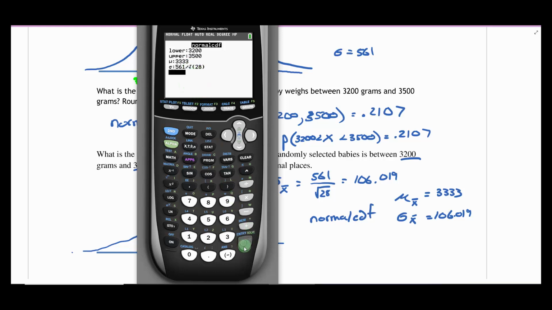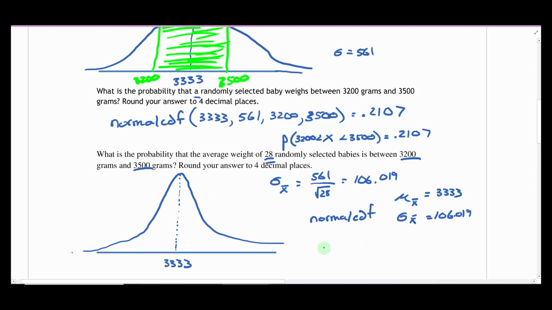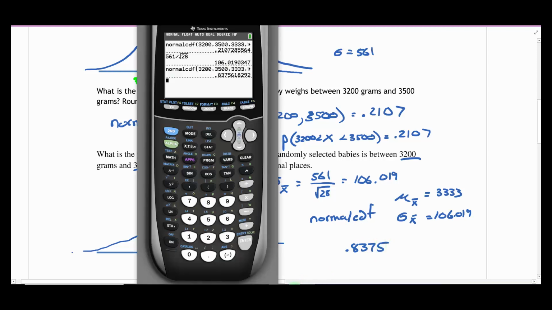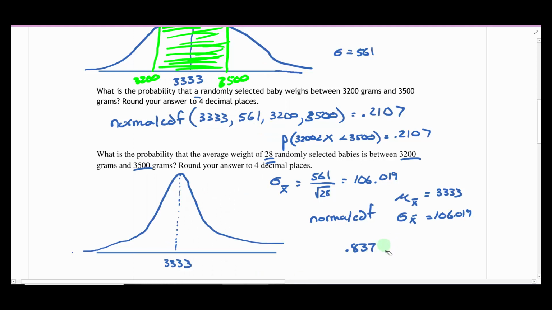So if I hit enter and paste, it'll do that automatically, and we get our new probability, which is 83.75%. But I'm going to write it as 0.8375. Let me make sure I rounded that correctly on the fourth decimal place. Nope, that should be 0.8376.